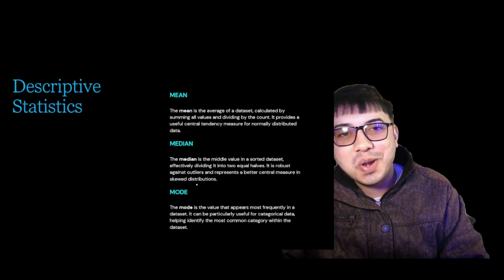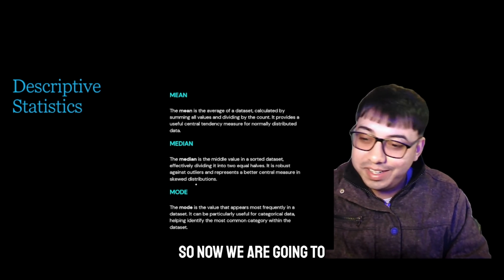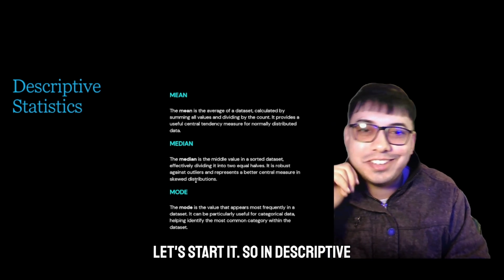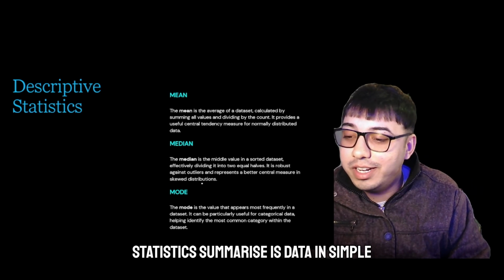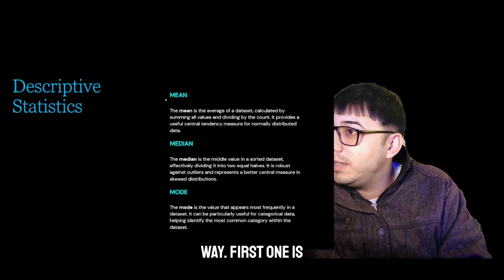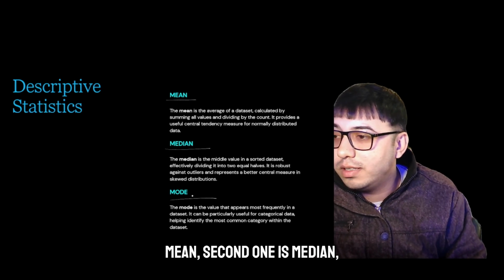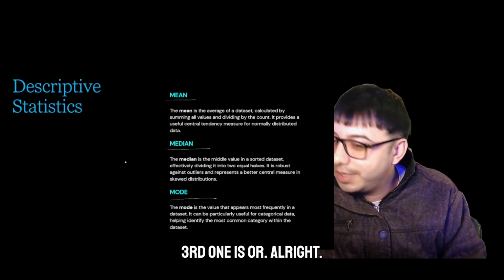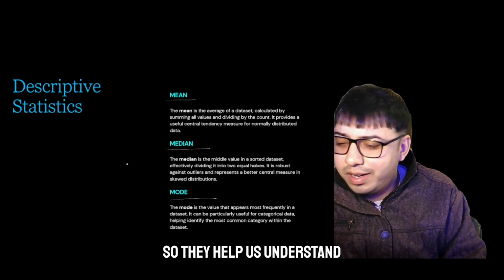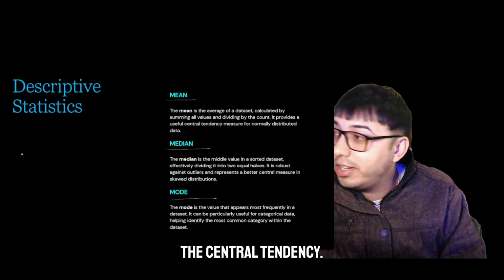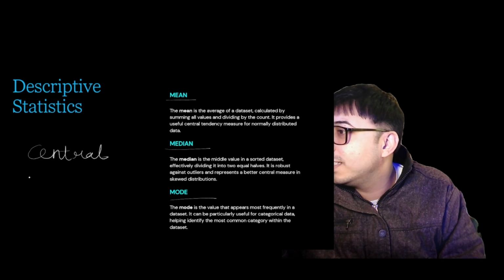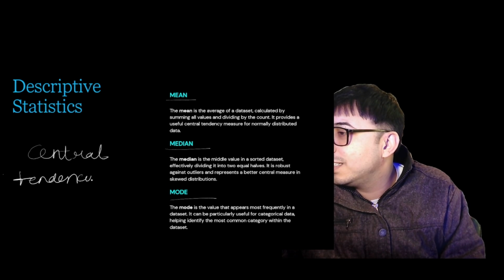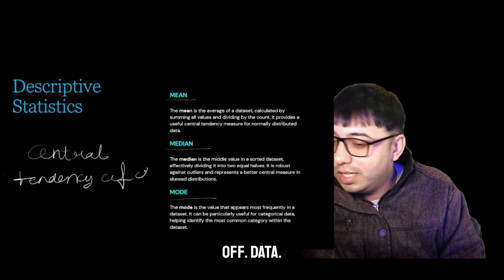So now we are going to understand descriptive statistics. Descriptive statistics summarizes data in a simple way. The first one is mean, the second one is median, the third one is mode. They help us understand the central tendency of data.